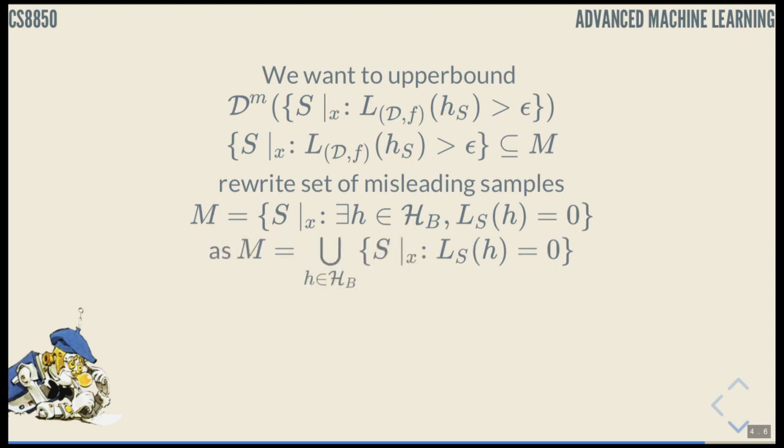But we will rewrite it as a union of all of the training sets for which the empirical risk is 0 on H, for all H's in the set of bad hypotheses. Right? That makes sense, because for each bad hypothesis, this will hold.